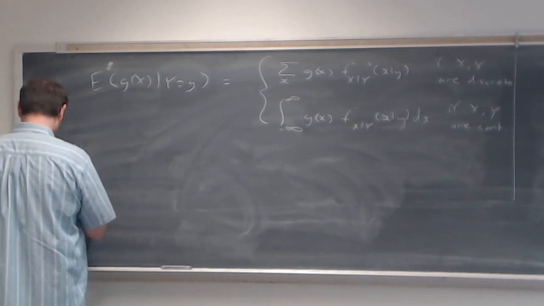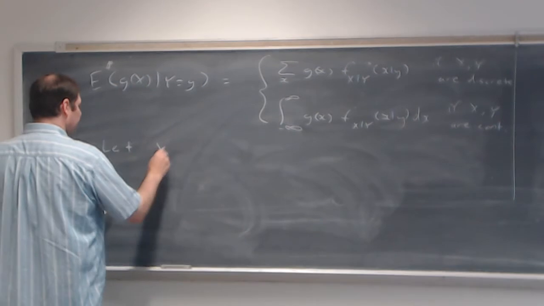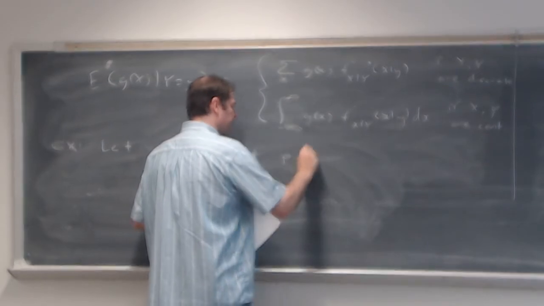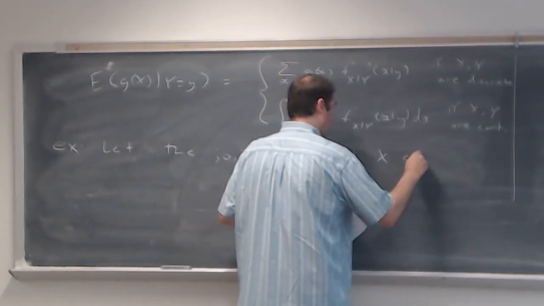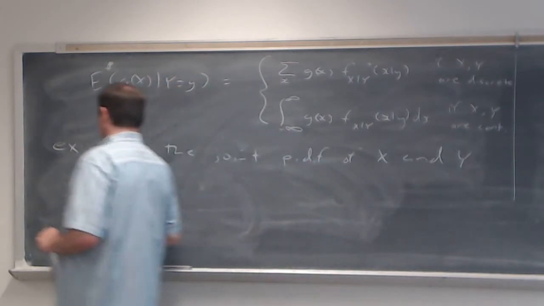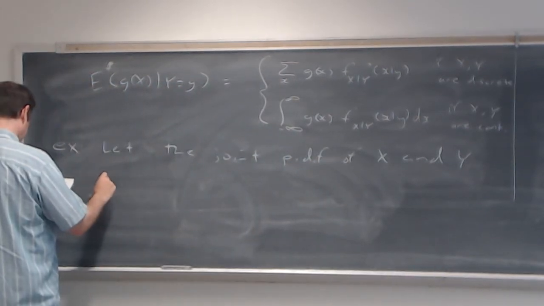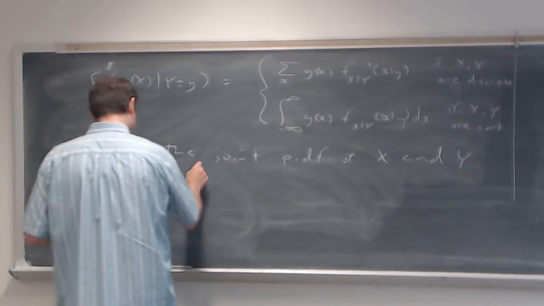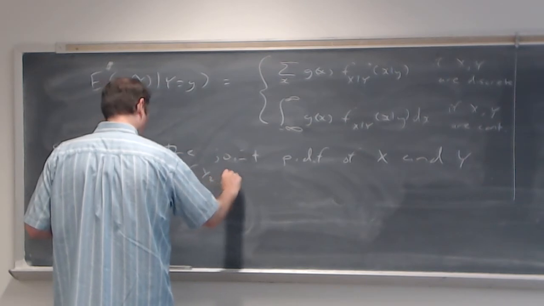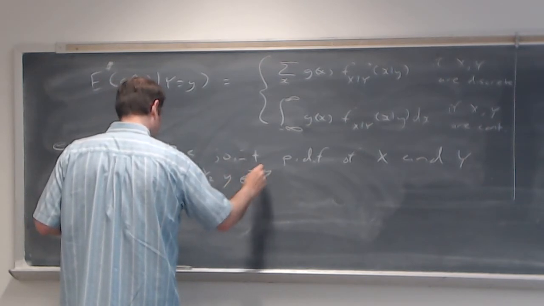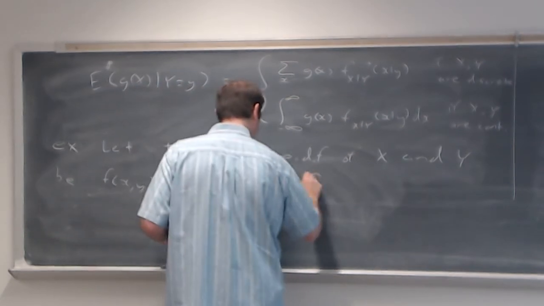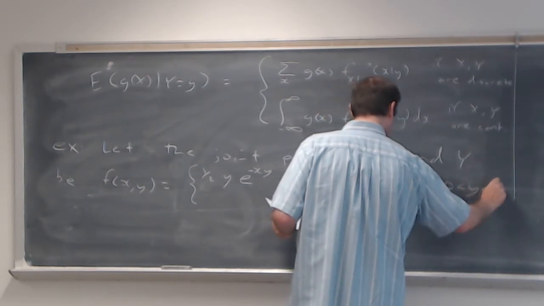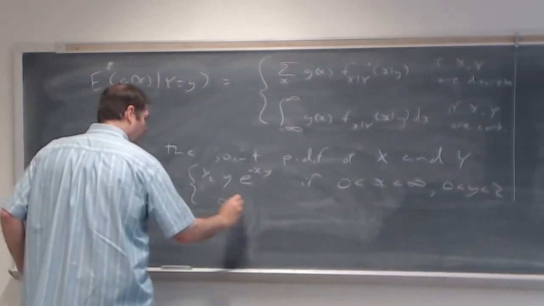So here, let the joint PDF of x and y be f of x comma y equal to 1/2 y e to the minus x times y if 0 is less than x is less than infinity and 0 is less than y is less than 2, and 0 otherwise.